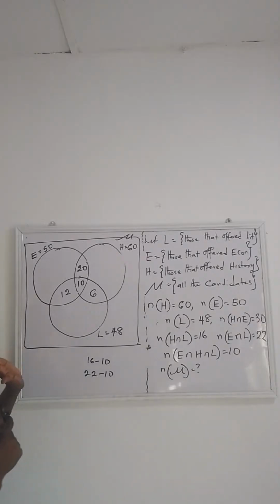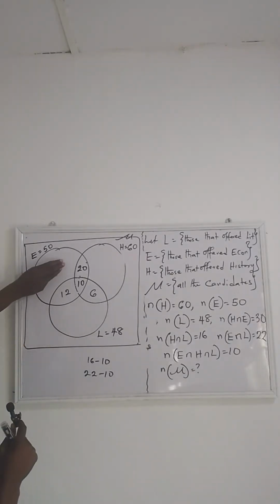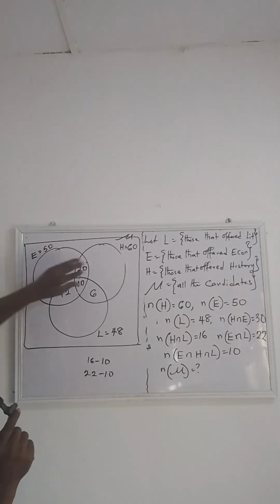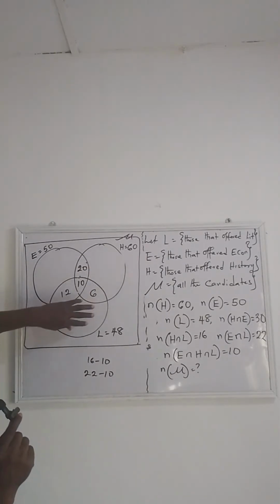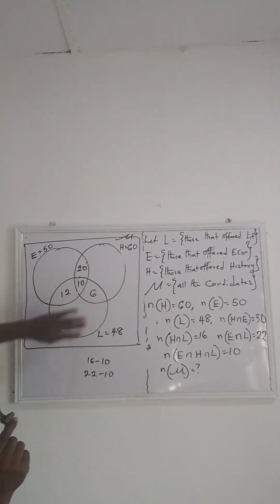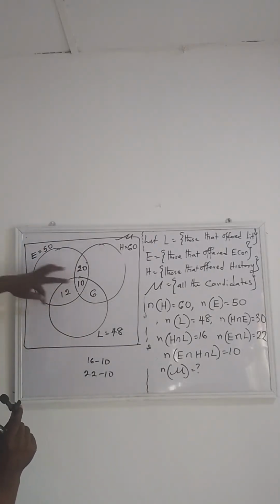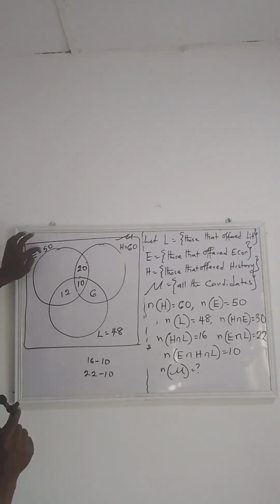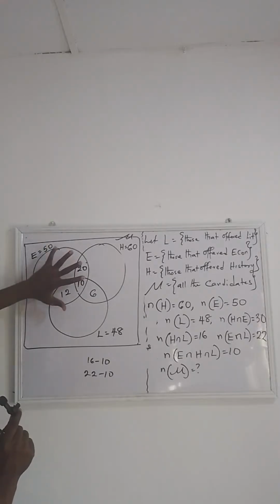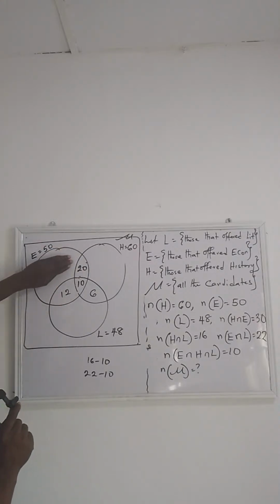So the next thing to do now is to get the number of those that offered economics only, history only, and literature only. All right. So when you look at this circle, the total number of students that must be in this circle should be 50, because they are those that offered economics. Now, if I want to get those that offer economics only, I remove all of these from 50.